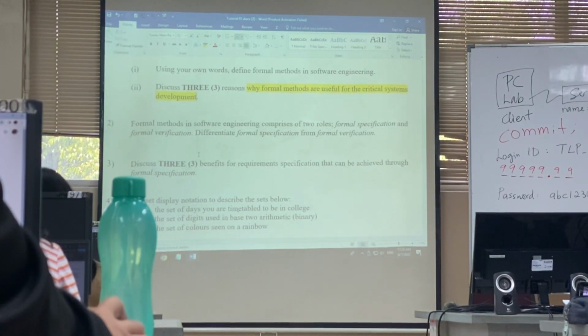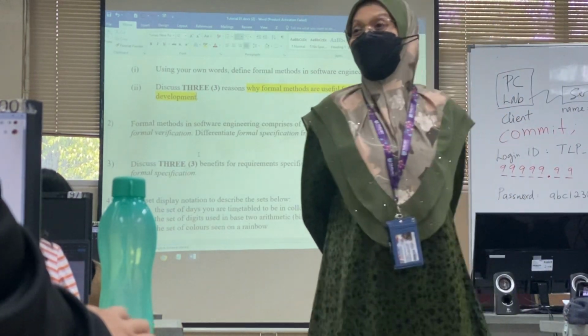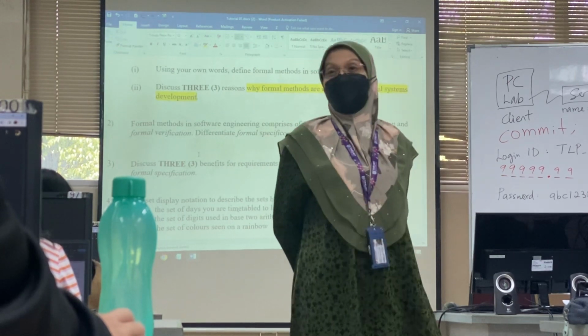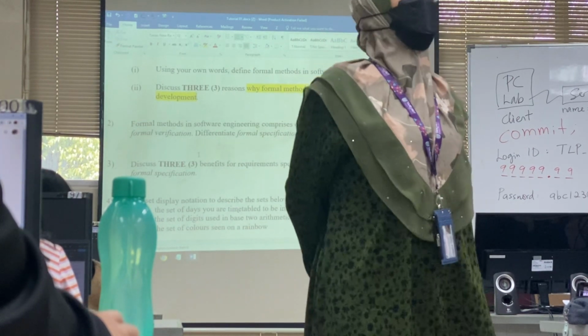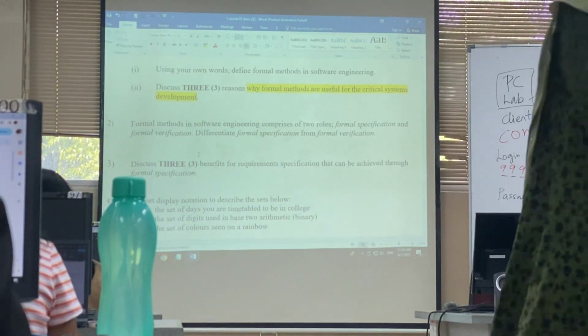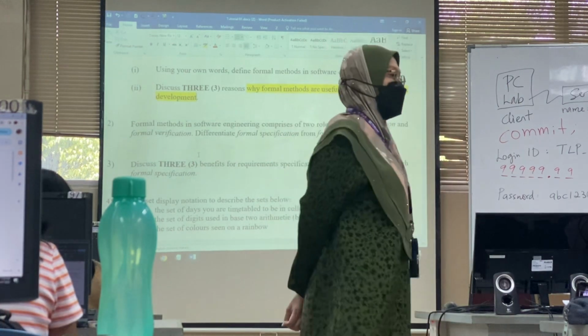Any system in the world is not going to be 100% perfect. Nobody is perfect, so how are you going to develop a 100% perfect system? So we are trying to help reduce the risk of either safety or security problems. That is one of the reasons.